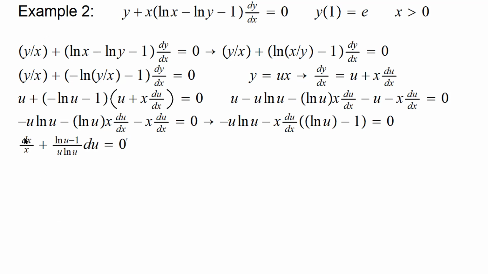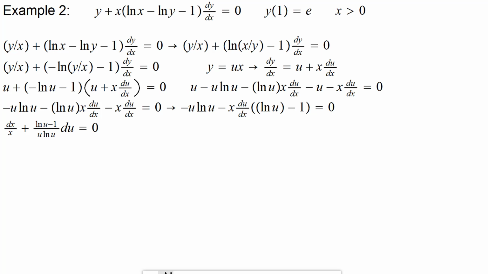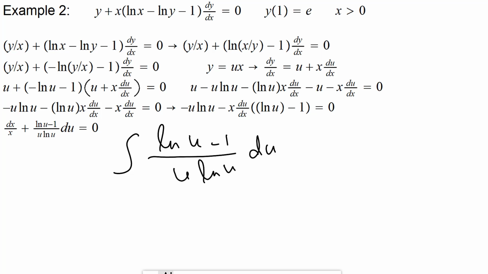So this one is quite easy, that we will have simply natural log of x. And for this one, let's just go ahead and review our substitution rule. All right. So we got here ln of u minus 1 over u ln u du.